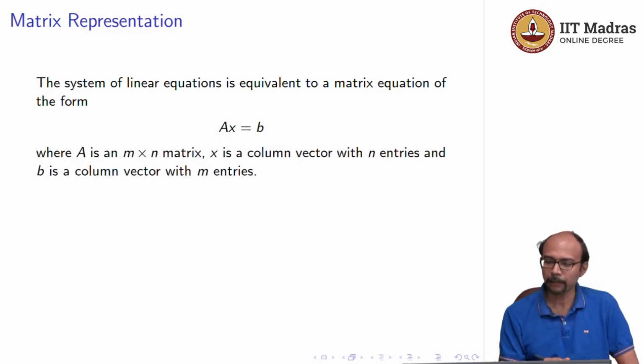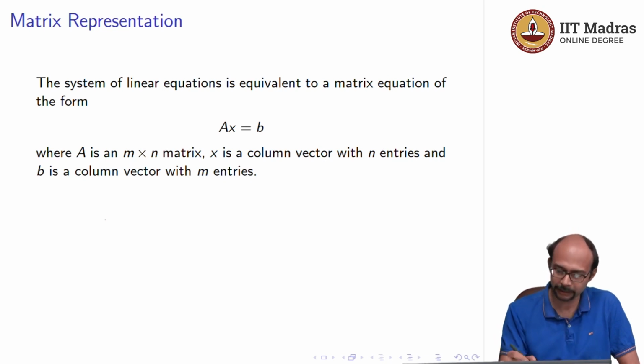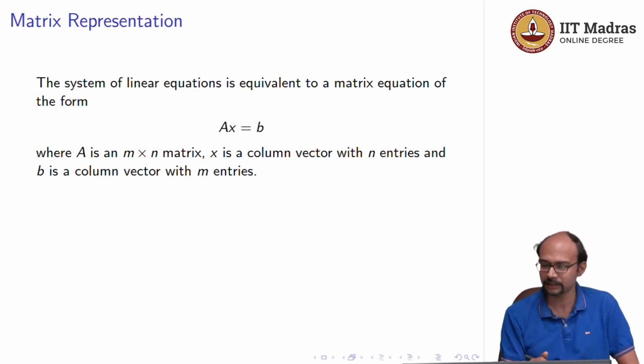A is an m by n matrix, and its entries are exactly the aij's that we saw in our previous slide. X is a column vector with n entries, x1, x2, xn, exactly our unknowns. And B is the column vector b1, b2, bm.